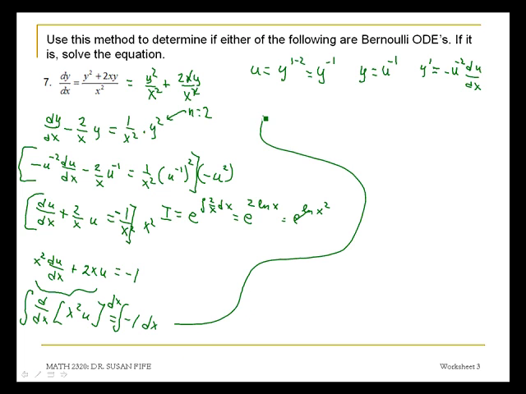So that we get x squared u is equal to negative x plus c.